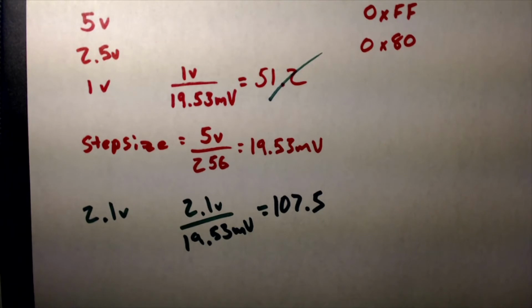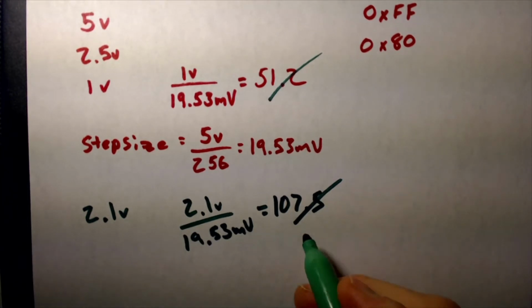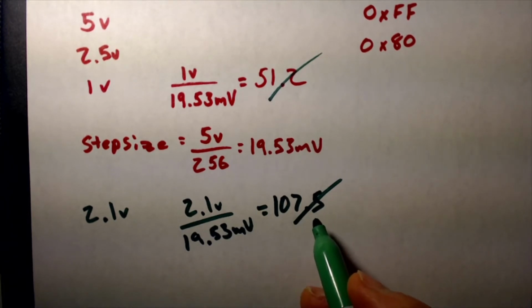Again, I don't care about this fraction. So it turns into 107. By the way, if you put 108, I would consider that to be correct as well, because again, I haven't specified the type of analog digital converter.